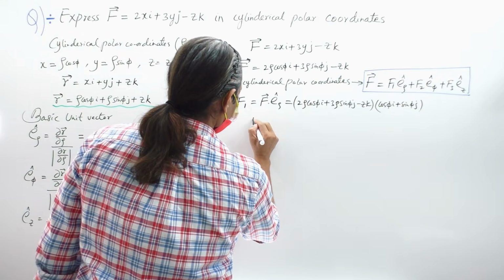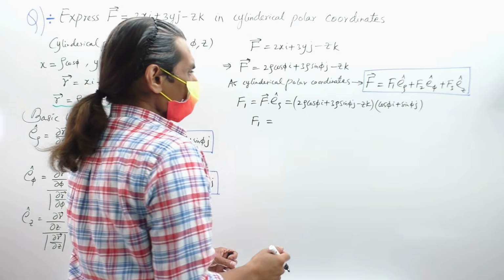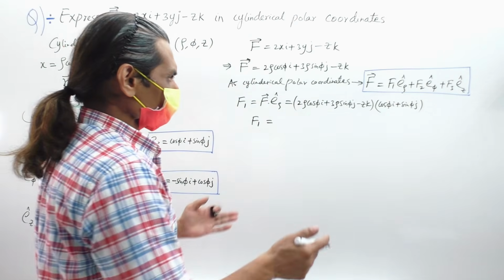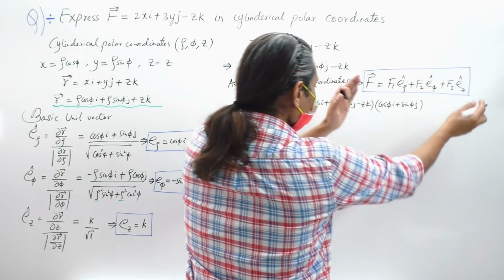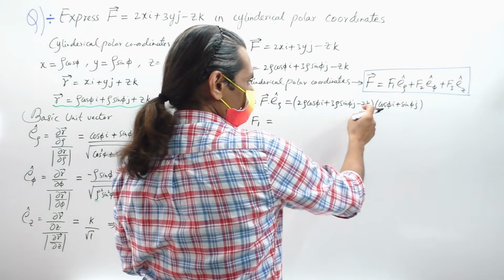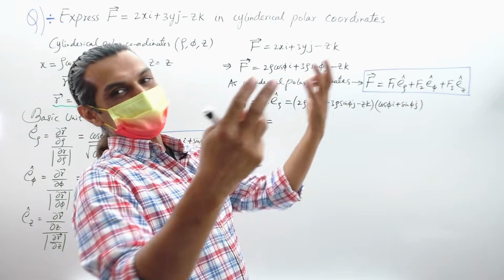So now we have F1, multiply now. The multiplication is very simple. It's a dot product, because as I already discussed, i goes with i, j with j, k with k. As there is no k here, 0 into k is 0 only. But i·i is 1, j·j is 1, k·k is 1.